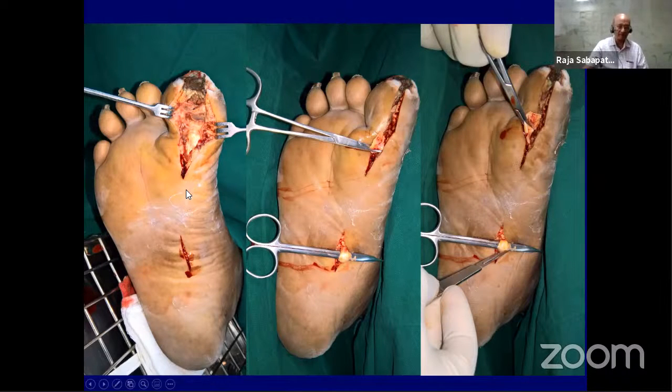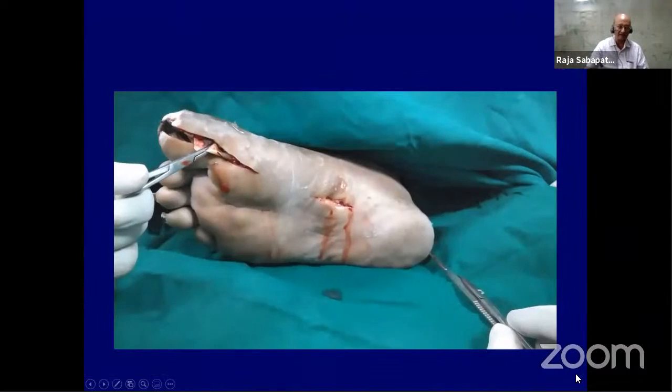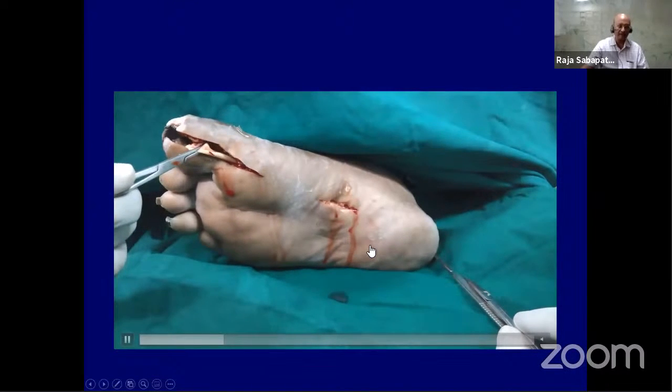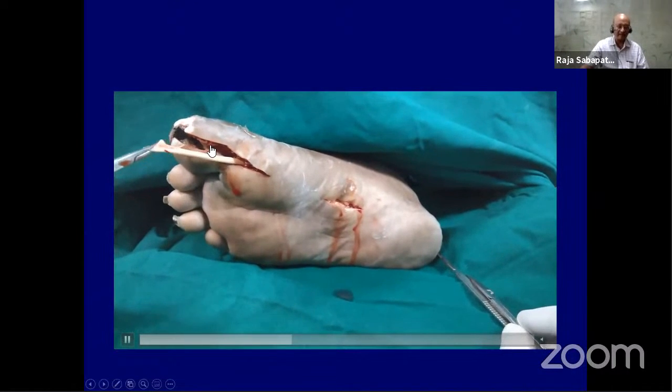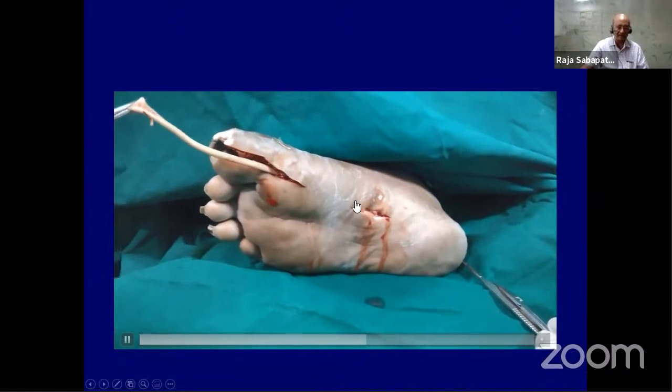So what we should do is reach an area where there is no infection, where the pus could possibly track. There we reach, and then we see the FHL tendon, and there we divide the tendon, and you must pull the tendon out this way. In this way, the infected load does not track down.